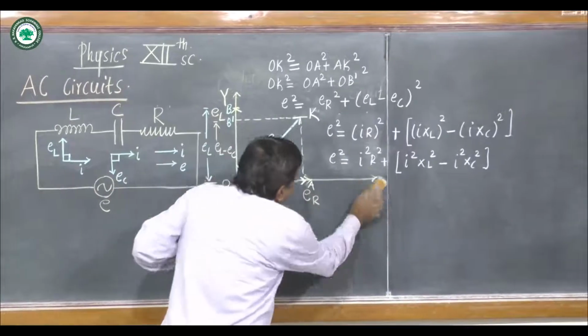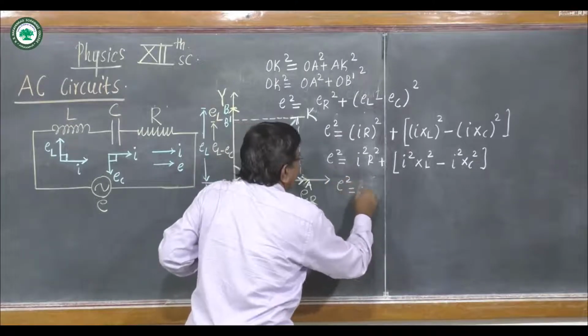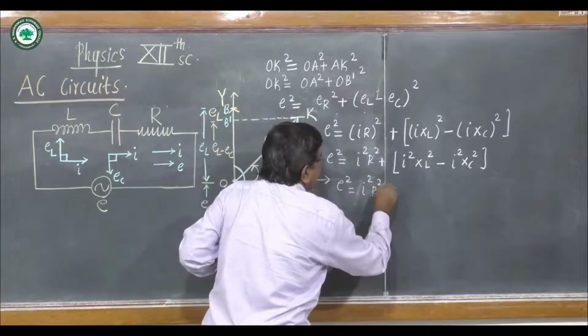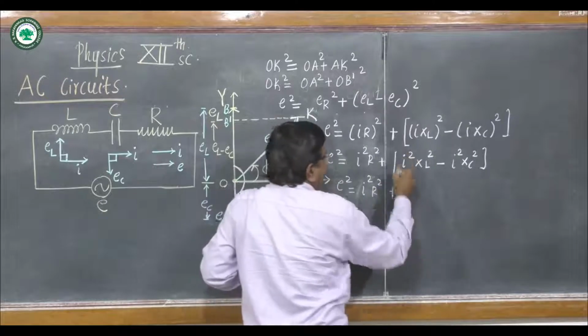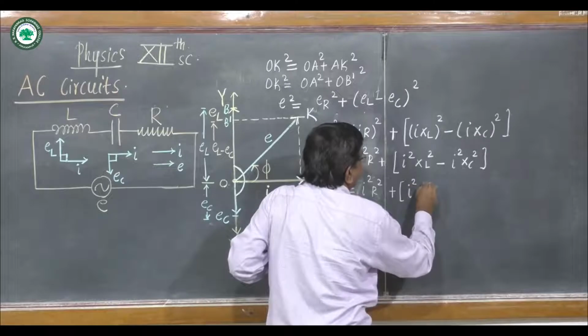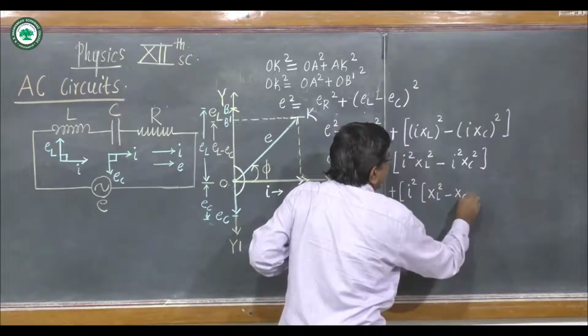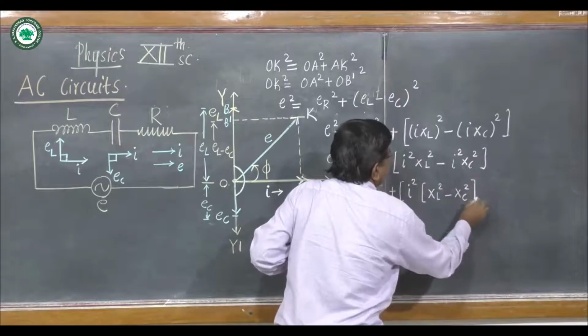Hence E square is I square R square plus, taking I square as common, in bracket XL square minus XC square.